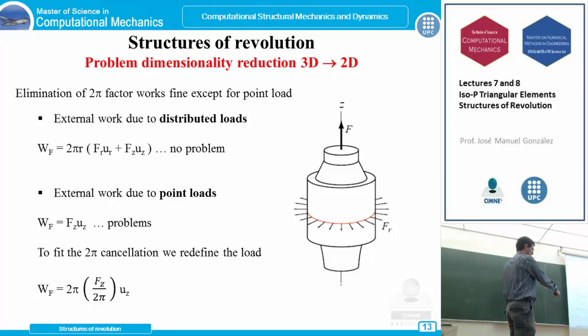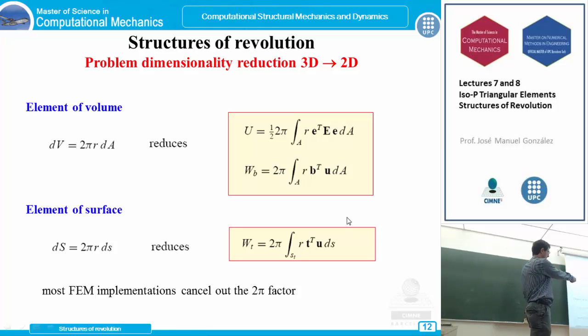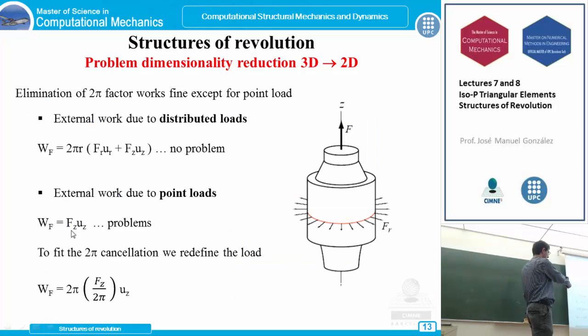We change this point load by F divided by 2π, and now we neglect this 2π everywhere, and the result is not affected. It's a question of implementation. For example, if you are happy with the 2π, you can calculate the external work of the body forces using the 2π, same thing with these boundary forces, and you can keep your point load without any change.